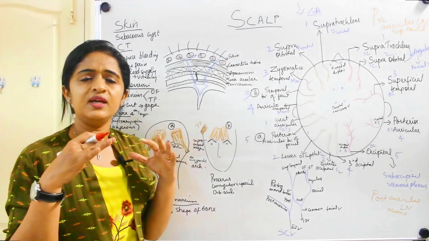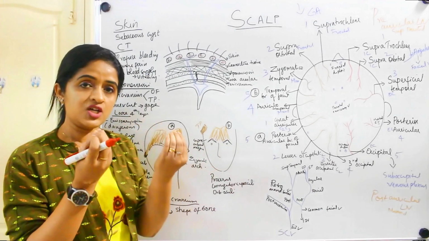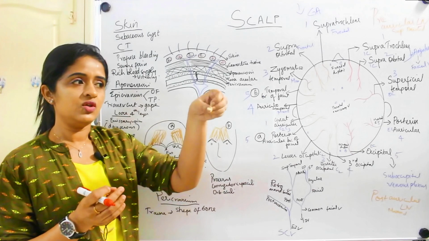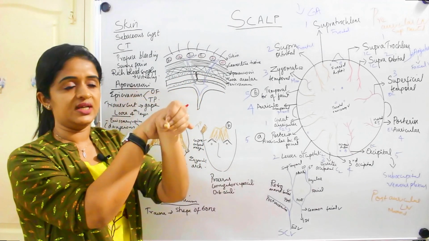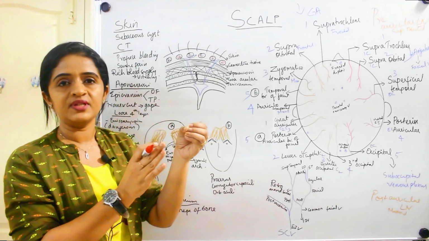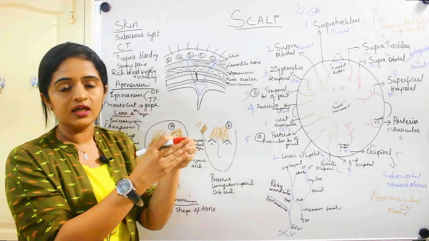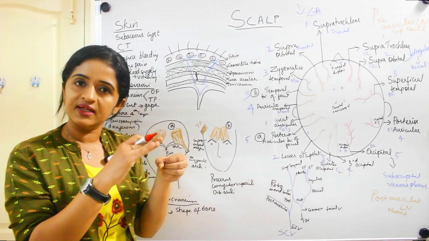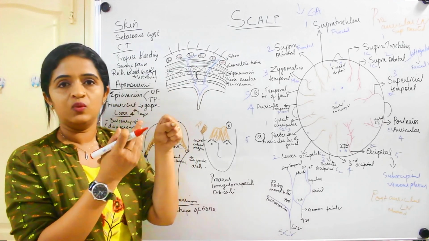Because of the dense connective tissue, this connective tissue is getting attached to the walls of the blood vessels. So you can imagine a blood vessel like this, and the connective tissue, the fibrous network, is getting attached all over the walls of the blood vessels. Normally, whenever there is a cut in a blood vessel, it will contract on its own, and as a result the bleeding will stop.